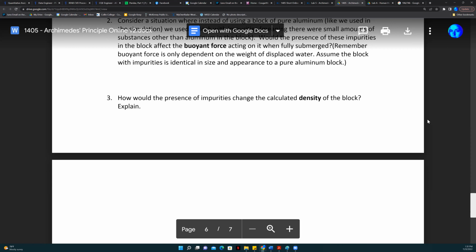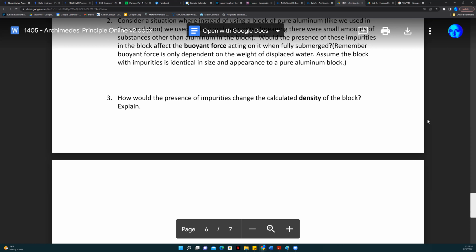If you're confident in your procedure and you don't think that what's wrong is that you measured it wrong, then you would suggest, hey, the block is polluted with something. And if it's more than 2.7, the impurities are greater density than the aluminum. And if it's less than 2.7, it's less dense than the aluminum. Okay.